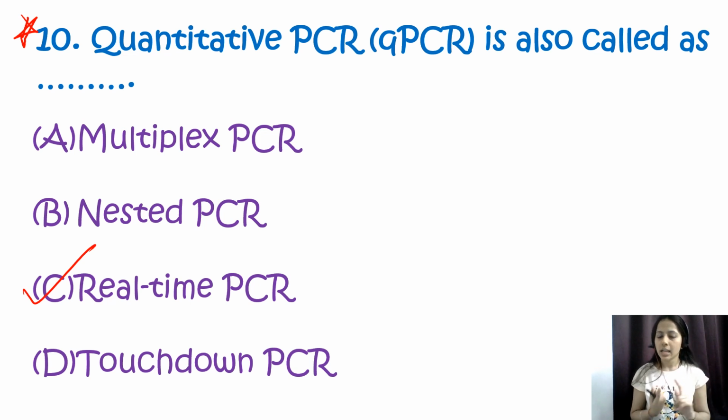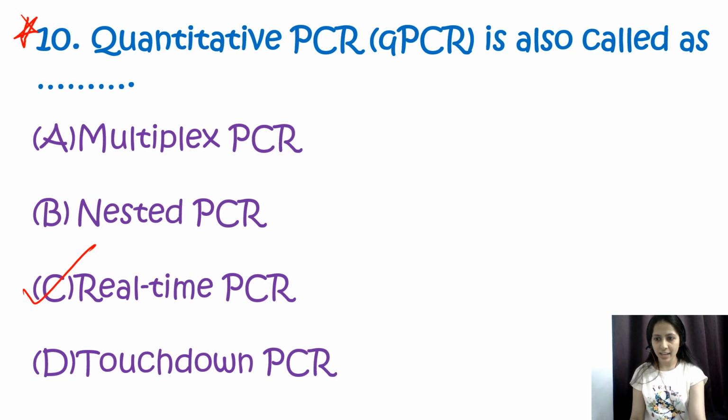Gene expression analysis, pathogen detection or genetic testing. Whereas touchdown PCR decreases the annealing temperature in successive cycles to increase the specificity, and it reduces non-specific amplifications. Okay, so over here my correct option is C, that is real-time PCR.